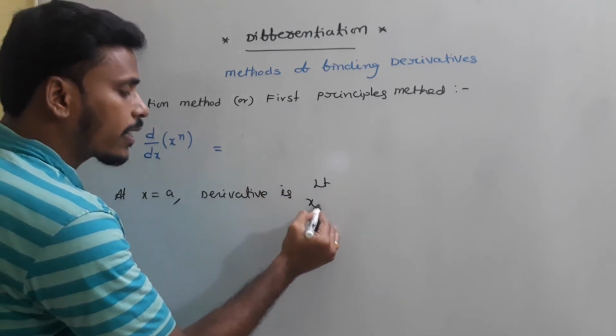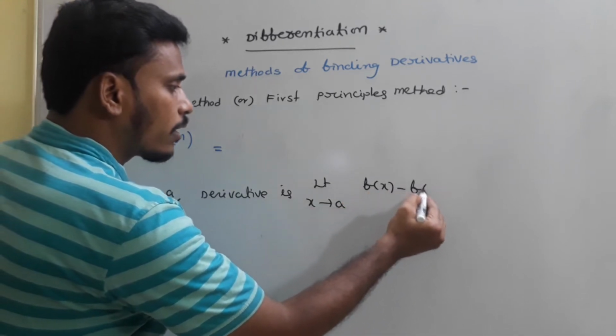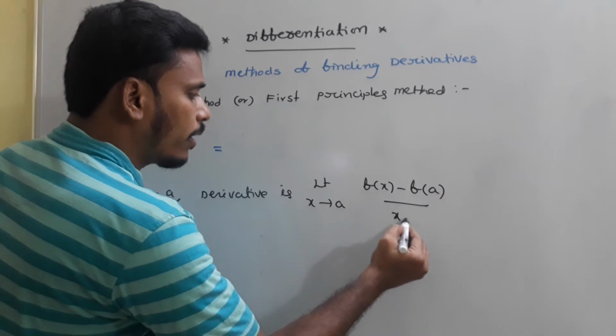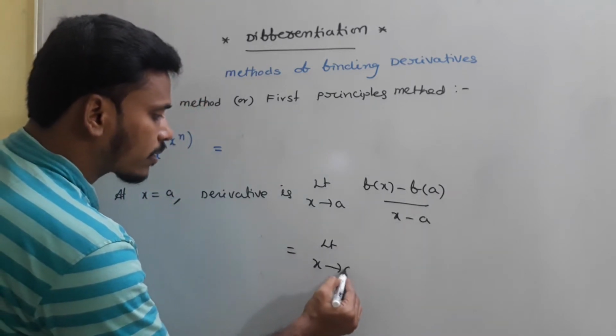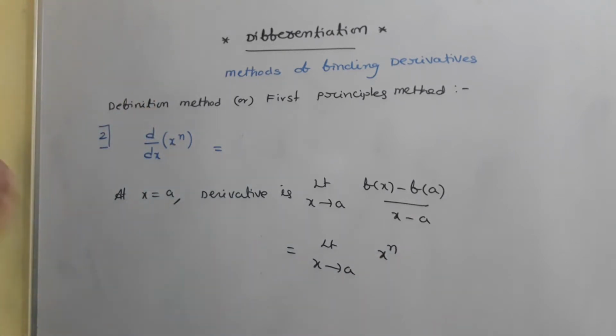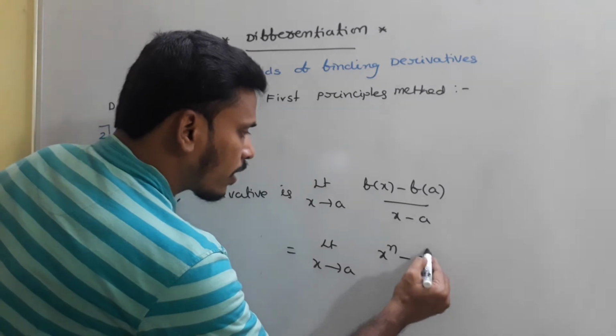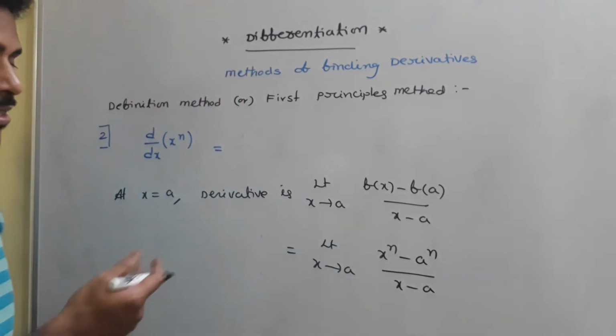At a point x is equal to a, the derivative is limit x tends to a, f of x minus f of a divided by x minus a. That is equal to limit x tends to a, f of x is x power n, and minus f of a is minus a power n, divided by x minus a. You just have a look.